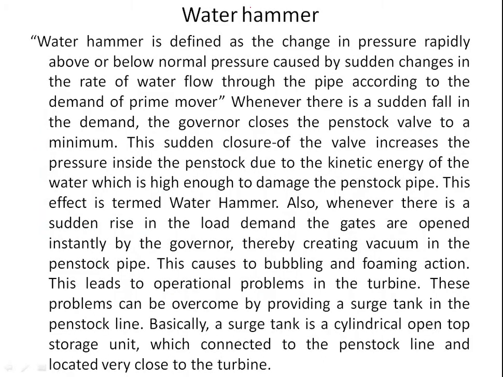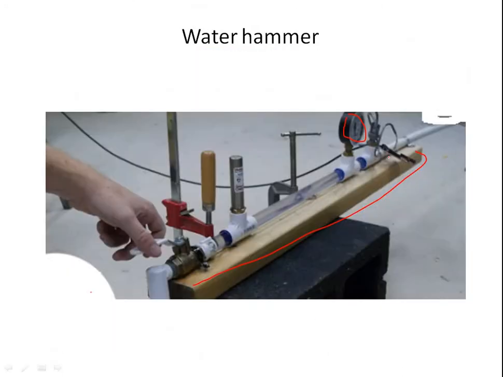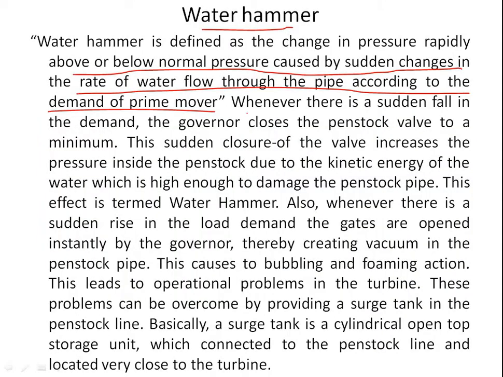Water hammer is defined as the rapid change in pressure above or below normal pressure caused by sudden changes in the rate of water flow through the pipe according to the demand of the prime mover. On the wooden piece, the pipe in which the water is flowing is kept, and to that the water hammer is connected to measure the flow of water.